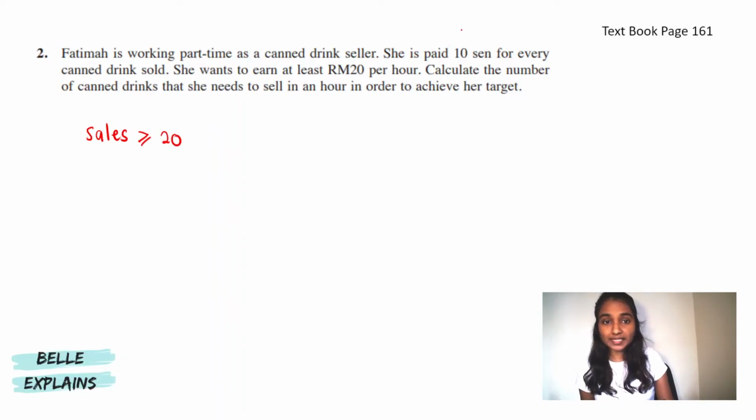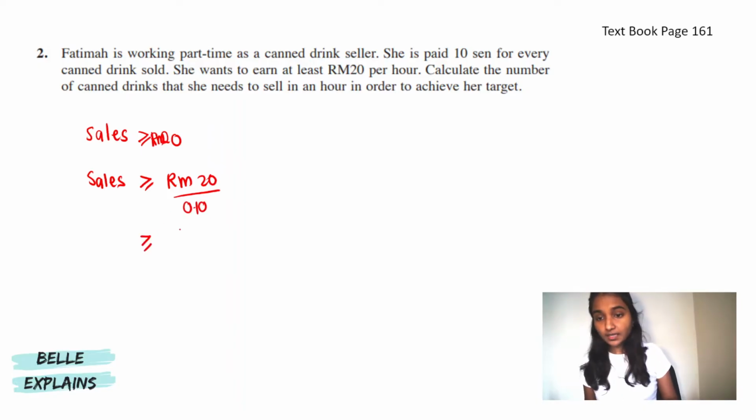But she's only being paid 10 cents per can. So her sales, let me just put RM here, should be at least 10 cents, right? So she should sell at least 200 cans.